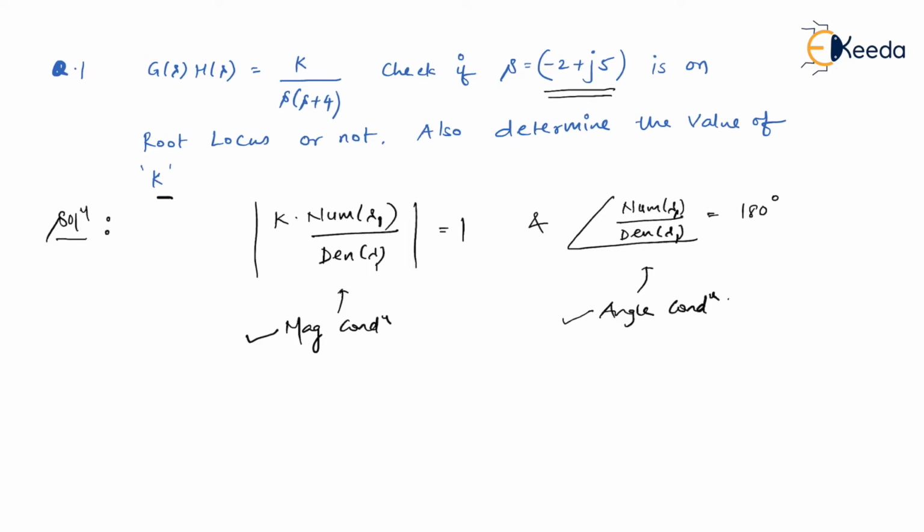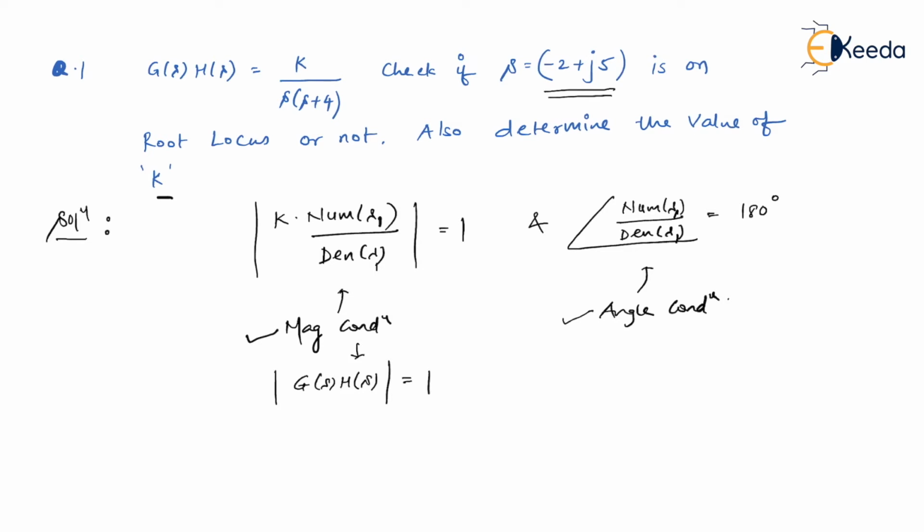One more thing: in the angle condition I have not included K, because K stands for system gain, which is constant, and the angle contribution by a constant is always 0 degrees. So even though you specify it or do not specify it, it really doesn't matter. And if this confuses you, you can simply state the magnitude condition as: for whatever G(s)H(s) is given, check that its magnitude should be equal to 1.